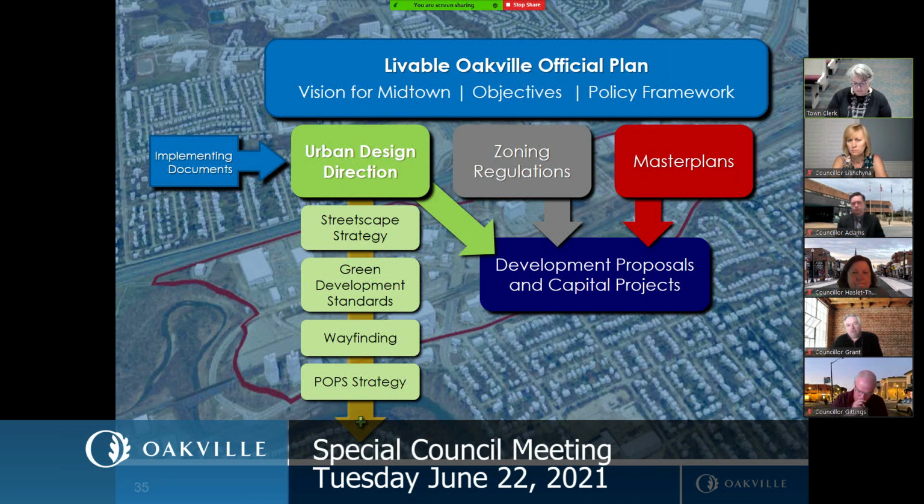To ensure that the update to the Designing Midtown Design Direction document accurately reflects the high-level development concepts and the details for the development and creation of the public realm, the built form, and the critical interface between the two, as well as ensuring that the implementing zoning regulations capture the clear direction of the policies and reflects the intentions of the urban design direction, and also integrating the various outcomes from master plans associated with transportation, parking, parks and open space, et cetera.